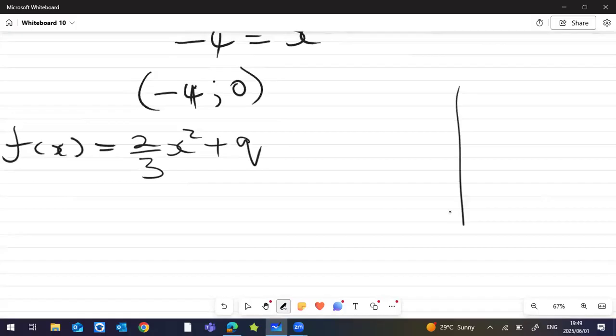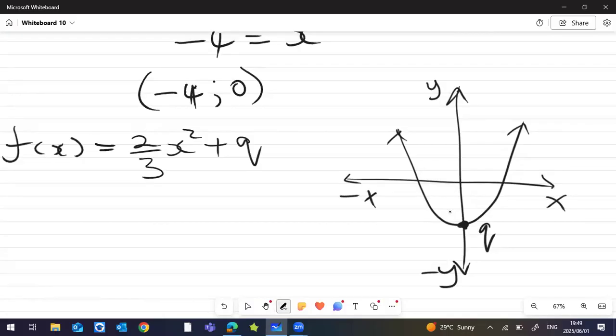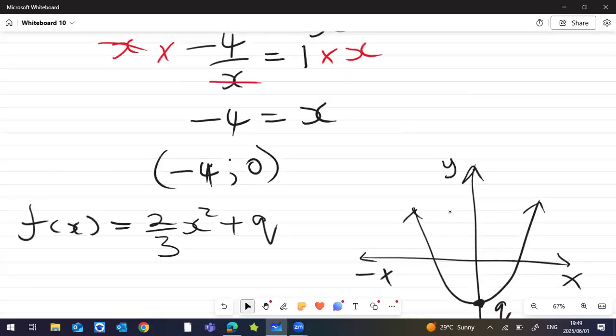If this is the parabola, we want to find this value. That is our q. Obviously, it should be negative. It is on the negative side of y. Positive y, negative y, x, negative x. So we want to find this q value. So we can take any point on the parabola.